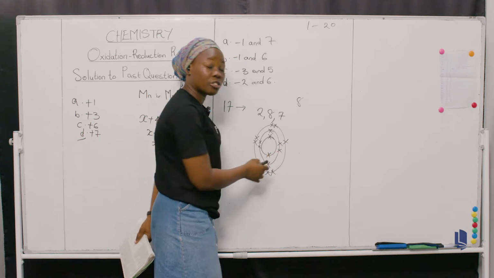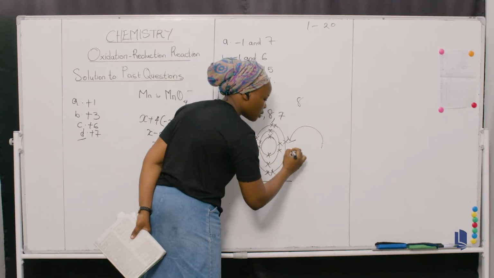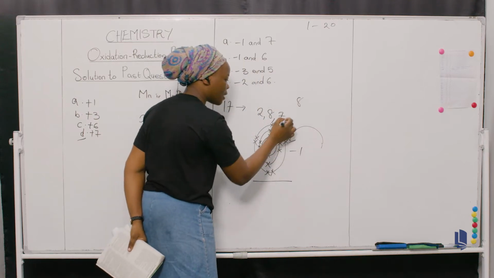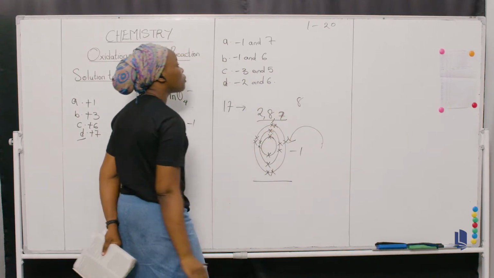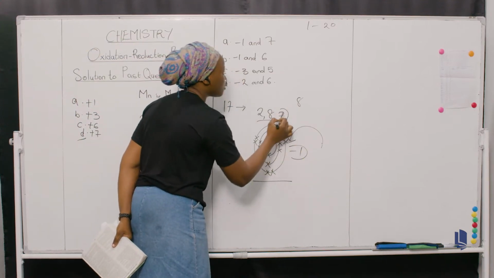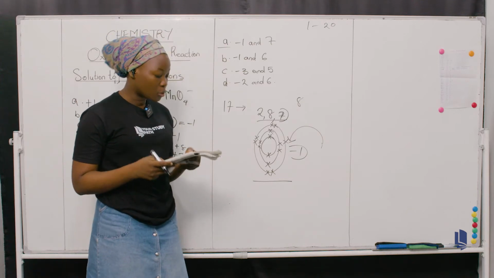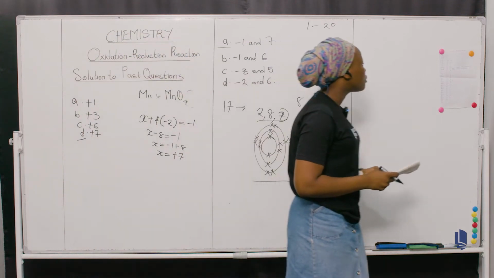It needs 1 more electron to gain stability, right? If it gains 1 more electron, it is -1, and in this state, it is 7. So the possible oxidation numbers would be -1 and 7. That tallies with option A. Let's move on.